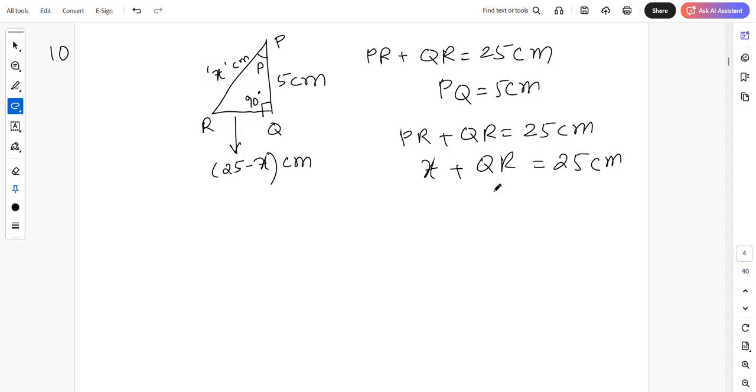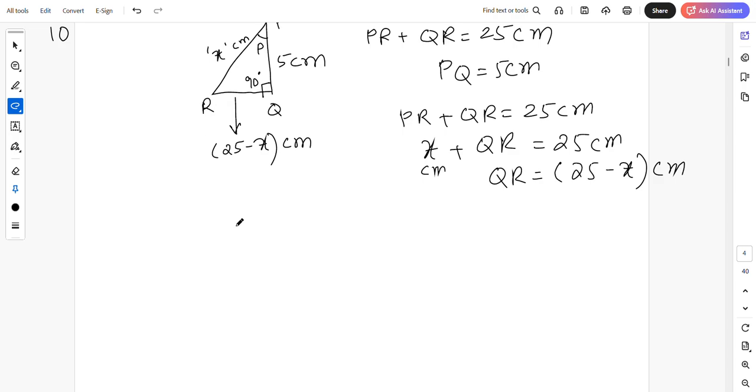Therefore, QR will be equal to 25 minus x centimeters. Understood? Now you are supposed to calculate the value of x.